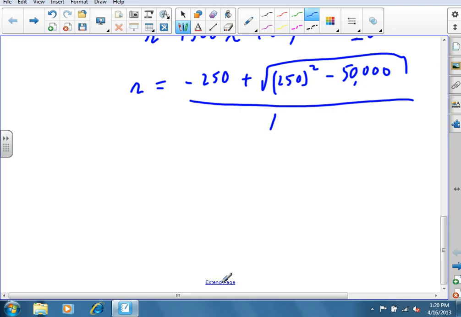So the square root of 12,500 equals 111.8. So r is going to be minus 250 plus or minus 111.8.